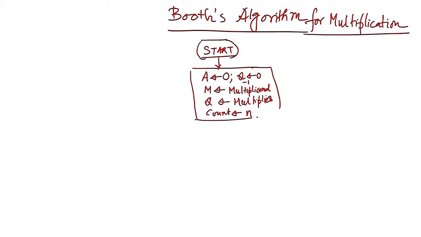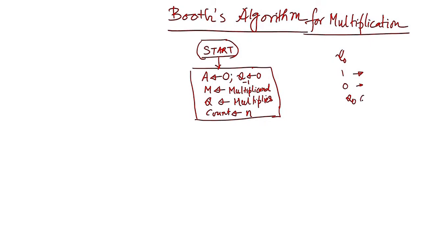Now, in the earlier algorithm, we were checking the value of q 0. If it is 1, then we add, and if it is 0, then we leave it, right. So, here we will check 2 bits, not only the single bit. We will check q 0 and q minus 1. q minus 1 is initialized to 0.